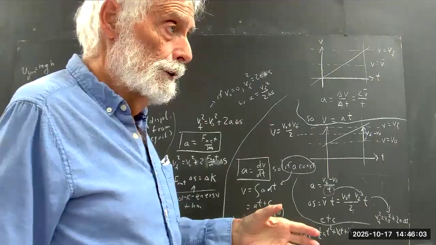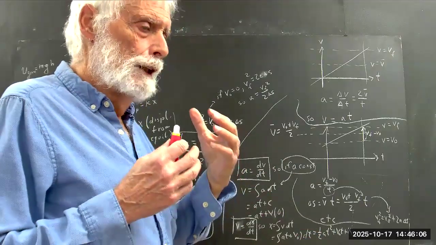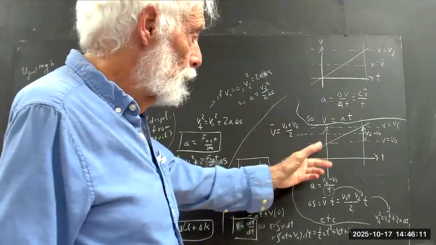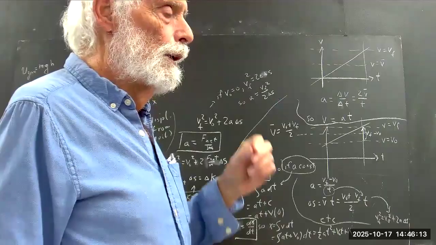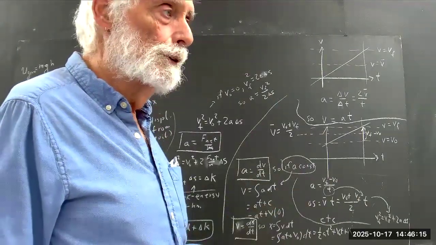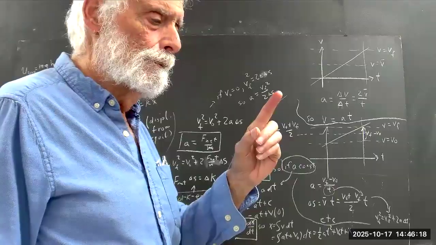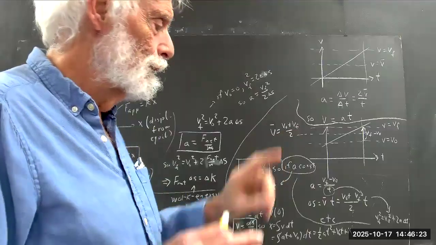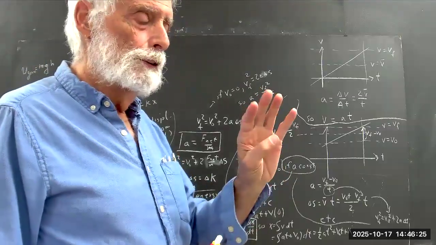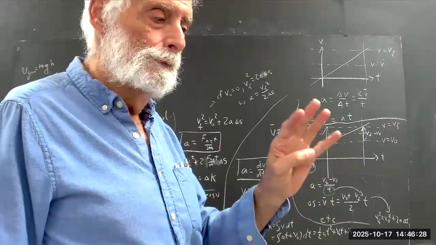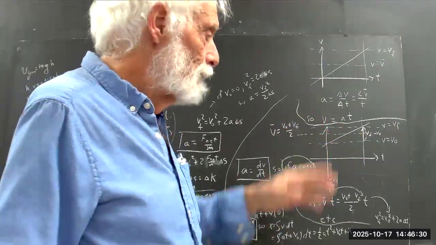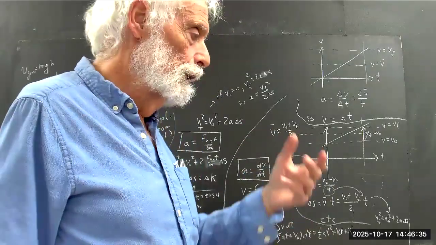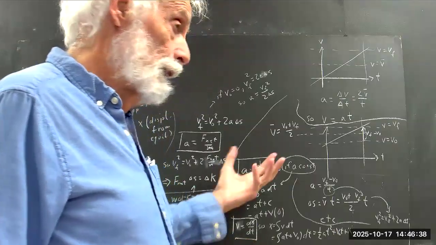In any uniform acceleration situation in which you know three of the five parameters, you can find an equation with those three parameters in it and one more. Actually, I misstated. Let me say it again. There are four equations, each with four parameters.